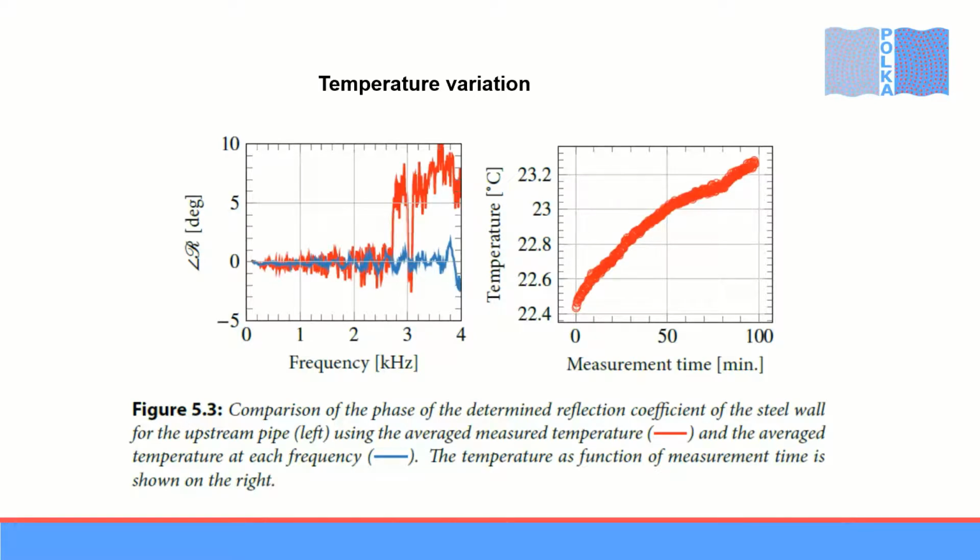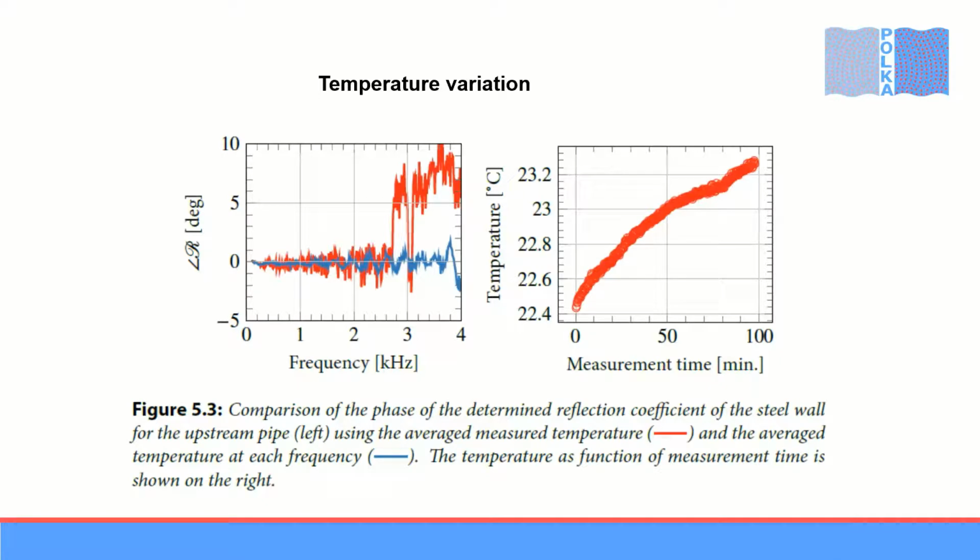In Luke's case, he did stepped sine measurements and took some averages for each frequency. And maybe one measurement could take 40 to 50 minutes. If you just do one temperature measurement and assume that it stays constant, that could be a source of error. So here we have the average measured temperature. If you use that for calculating the reflection, then you get the red curve.